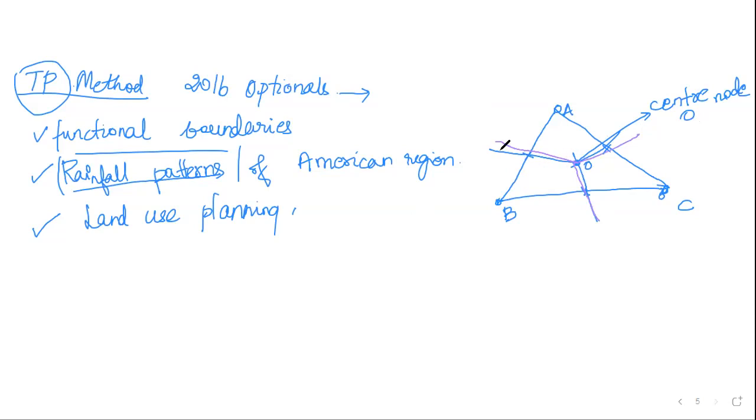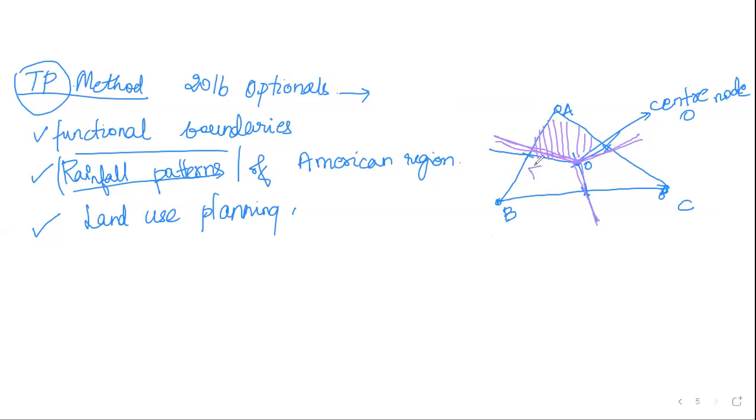Actually, this will not be a straight line like this. I will be connecting O with the midpoint of these three lines. And this polygon that I have generated here is the influence region of node A.